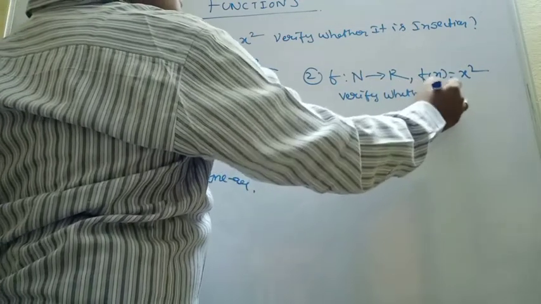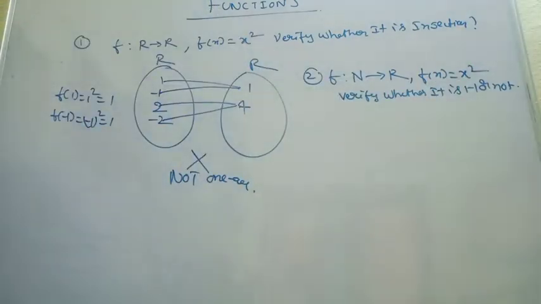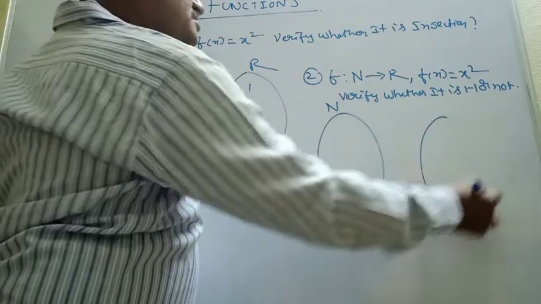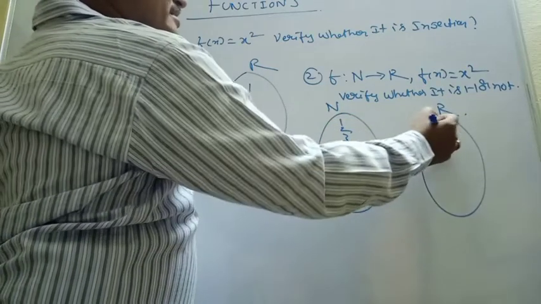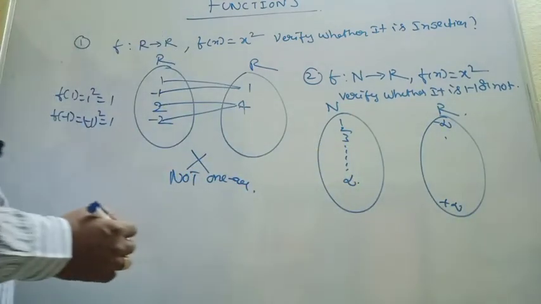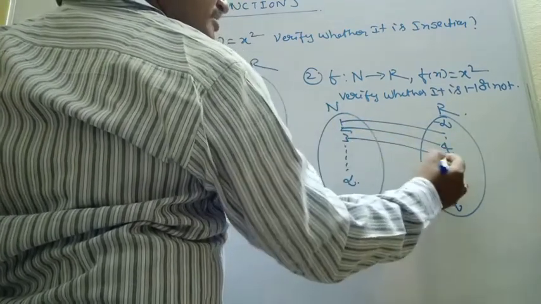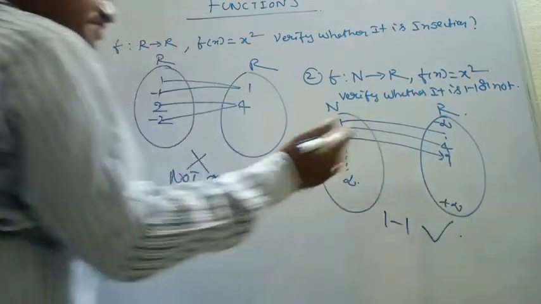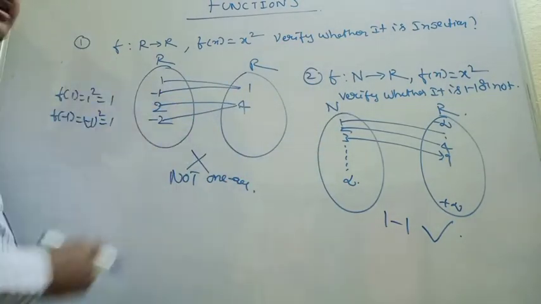Here, this is natural numbers, 1, 2, 3, 4, and so on up to infinity, and this is real numbers, from minus infinity to plus infinity. f of x equal to x square, that means 1 square is 1, 2 square is 4, 3 square is 9, like this. Therefore, it is a 1 function here. It is an injection in this case, because the domain is the set of all natural numbers. That's why this is a 1 function.